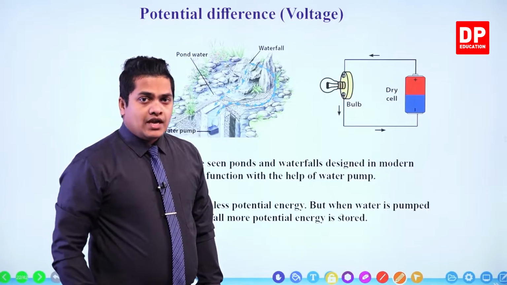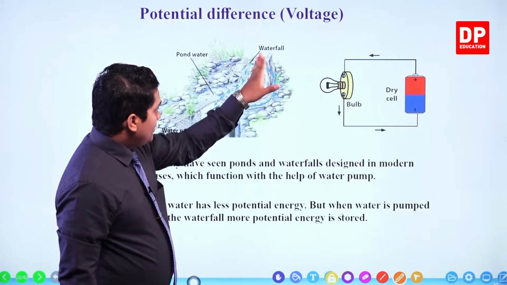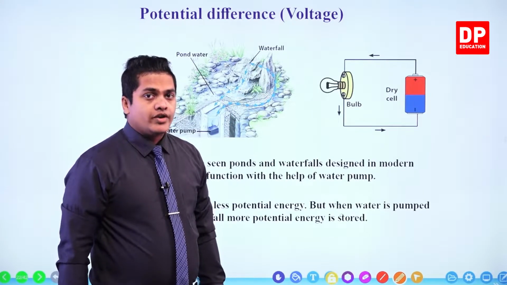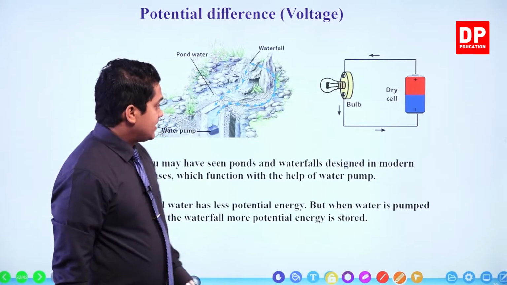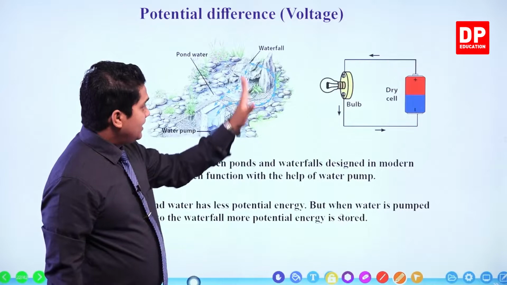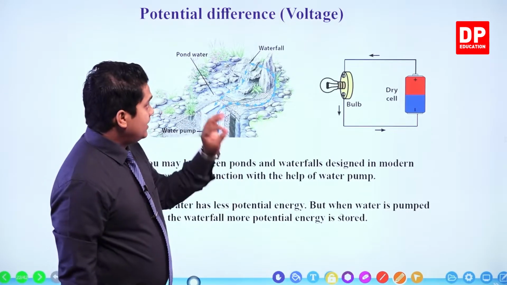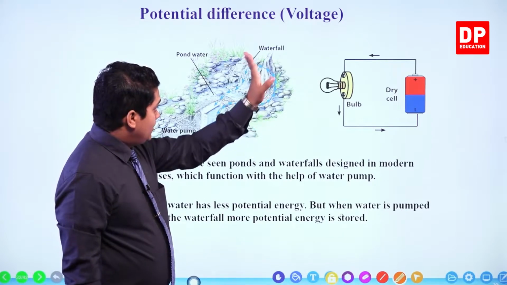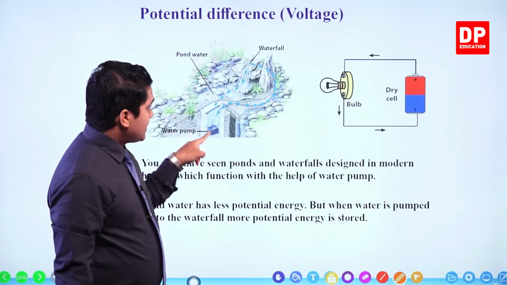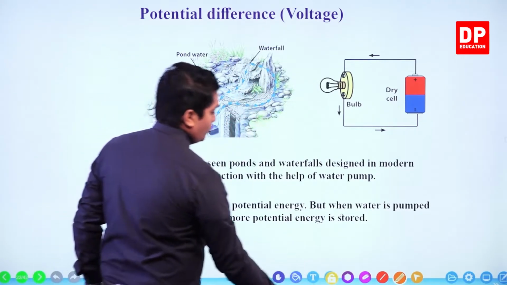Due to that potential energy, the water will come down as a stream towards the pond. Then once again, the water is pumped to the cliff by the water pump, and once again, due to high potential energy, the water comes down to the pond. So it will move as a cycle.